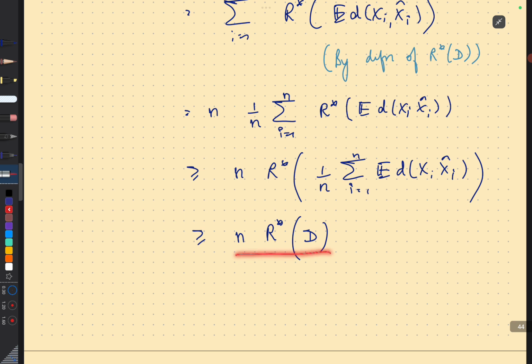So this quantity is greater than or equal to n times R star of D. So basically what we've shown is that if we want this quantity to be less than or equal to D, then the rate should be greater than or equal to R star of D.